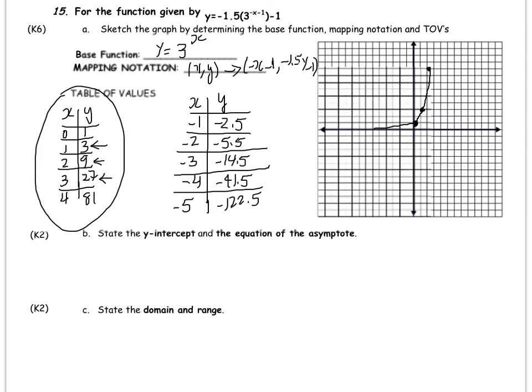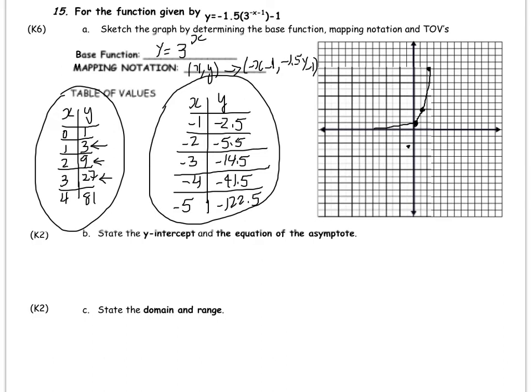Now for the transformed function, the table of values is this one, and I'm going to go ahead and plot the graph. When x is negative 1, y is negative 2.5, so it's going to be somewhere around this point, approximately.